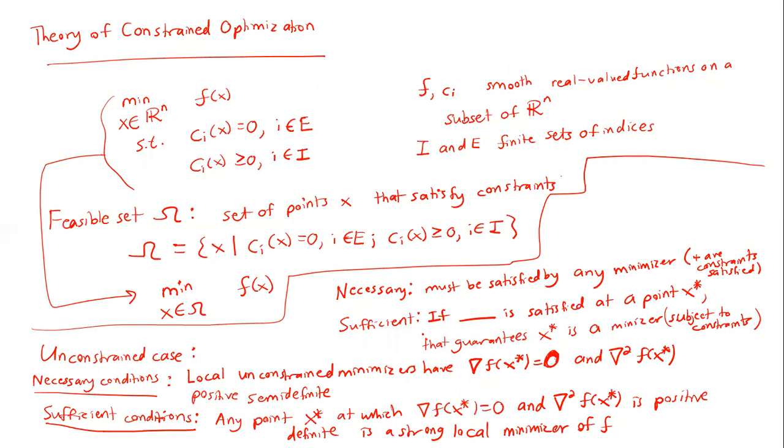And also sufficient conditions, something like if blank is satisfied at a point x star, it guarantees x star is a minimizer, subject to the constraints. So how do we get those types of things added in? That is what we are going to talk about now.